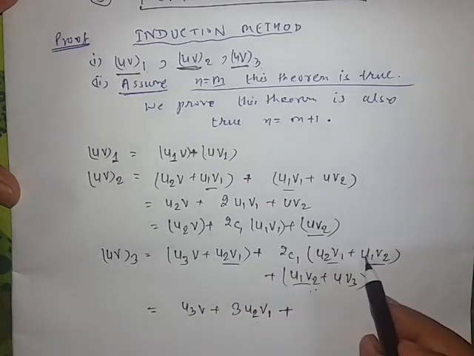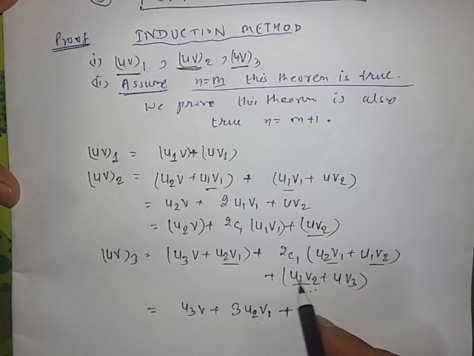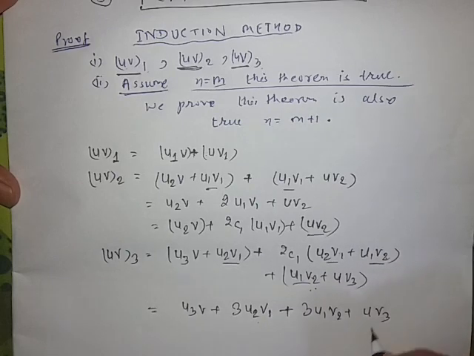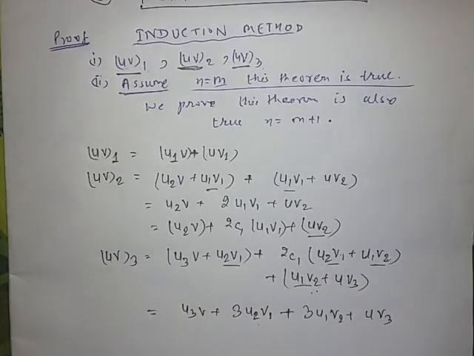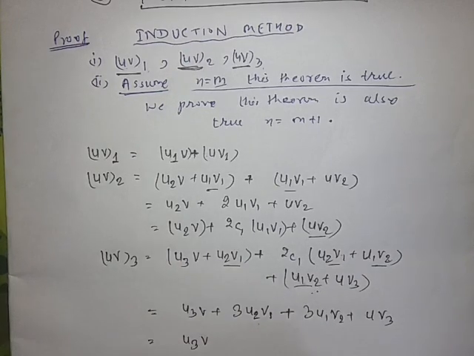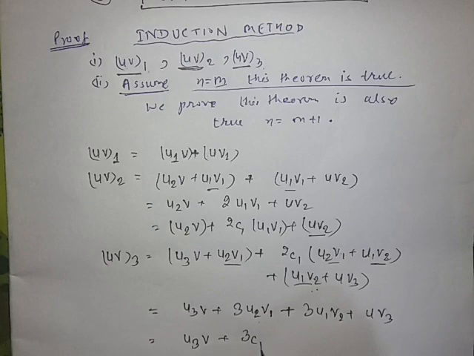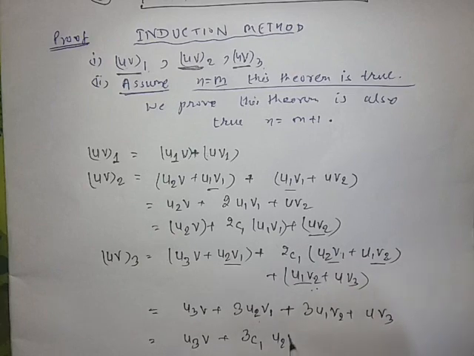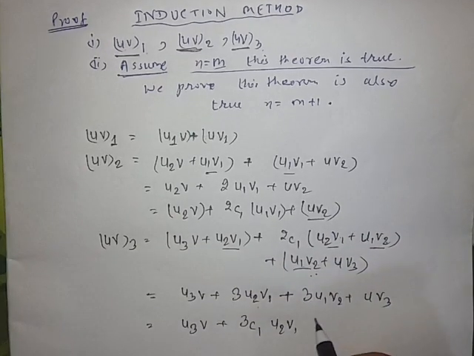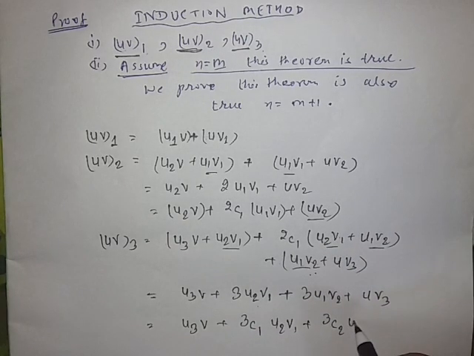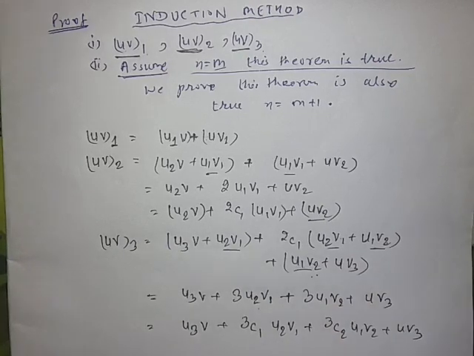Similarly here 2 u_1 v_2 plus 1 u_1 v_2 gives 3 u_1 v_2, and the last term u v_3. Now to write these values in the form of our required result, we can write it as u_3 v plus 3C1, as we know 3C1 is equal to 3, u_2 v_1, and we also know that 3 is equal to 3C2, u_1 v_2 plus u v_3.